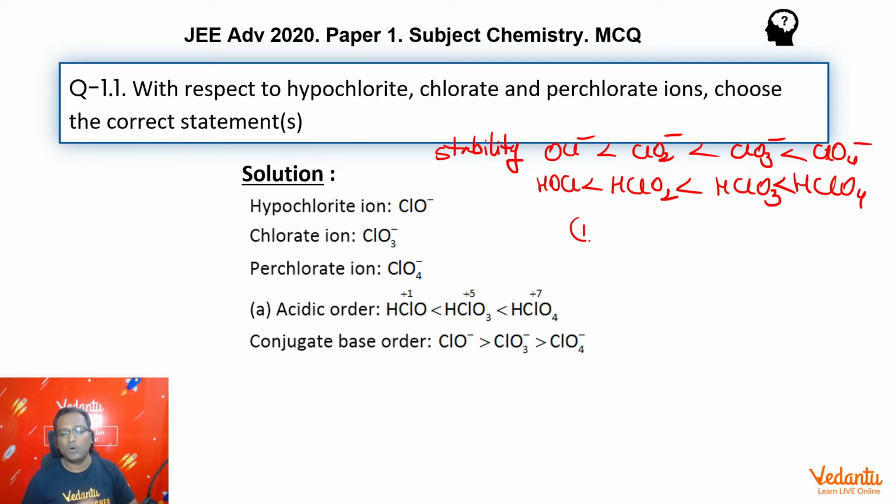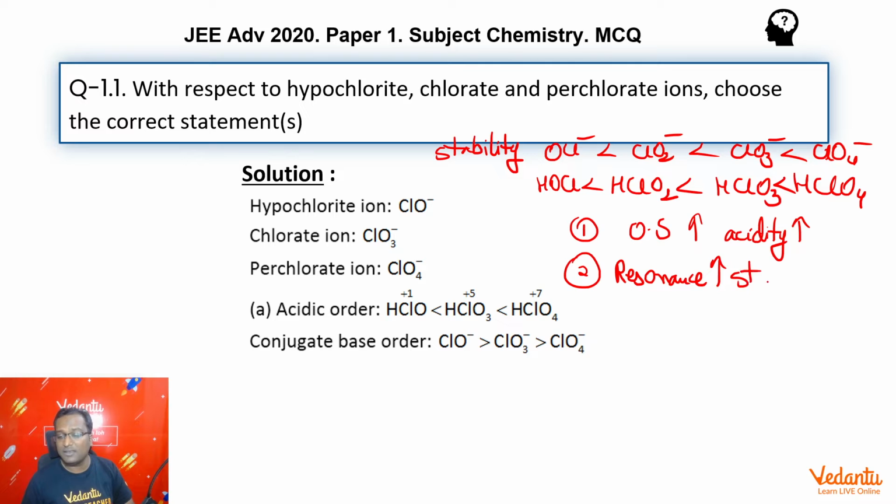Two reasons. First reason is oxidation state. As oxidation state increases, the acidity increases. Okay. Now, second, also if you will see, resonance is increasing. As resonance increases, the stability of compound increases. Now, let's see how do we have more resonance.